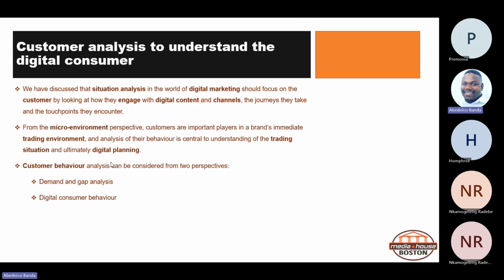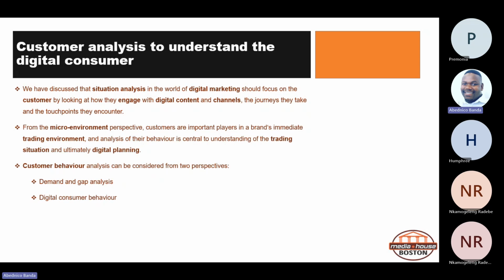It can elevate your social status that you're wearing this digital watch, then maybe somehow you are part of a group or status. And if you don't do that, sometimes you can feel like you are being left out in the society. Okay? So those are the two perspectives that drive consumer behavior.